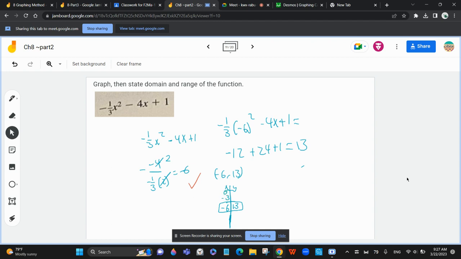Yeah, because for 0, you just get 1. Yeah, negative 3 plus 12.